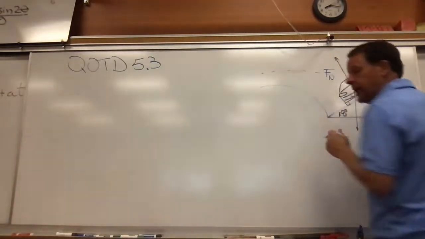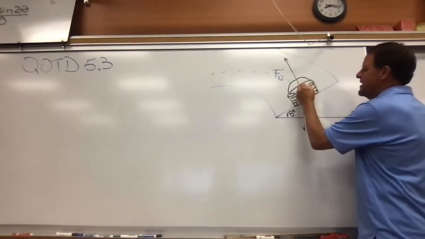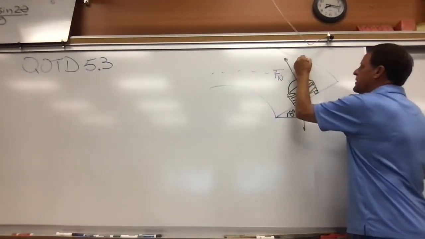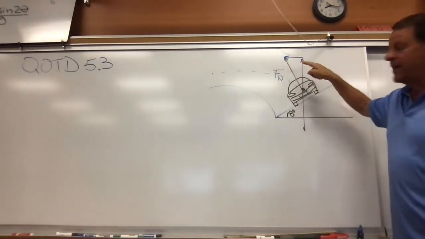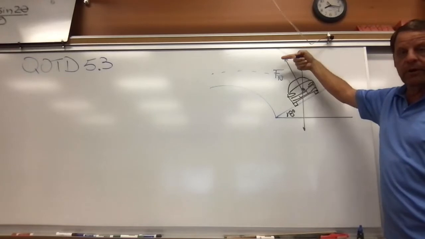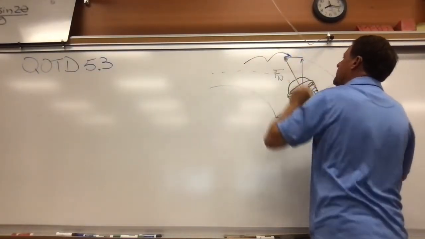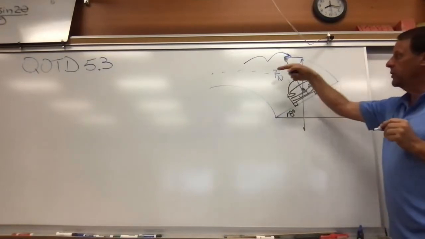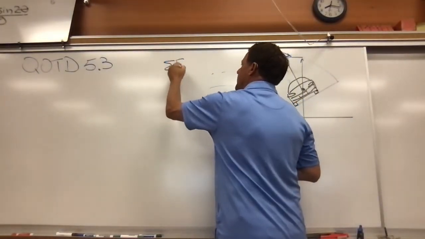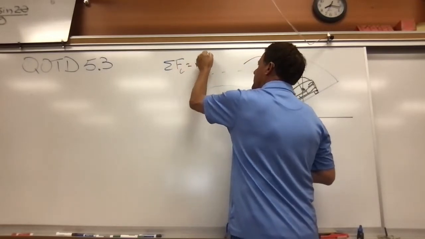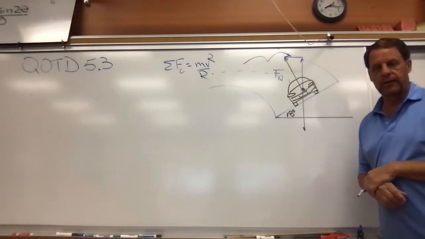This part right here is the part that's going towards the center. So this is going to be the sum of the forces towards the center, which is going to be mv squared over r.